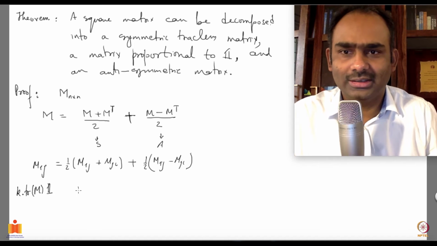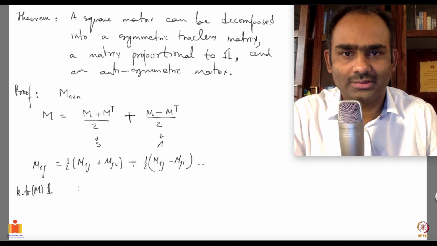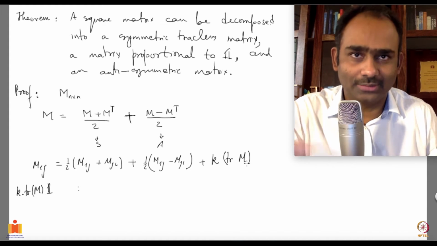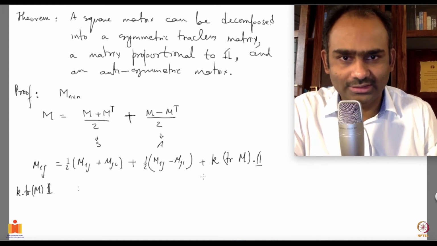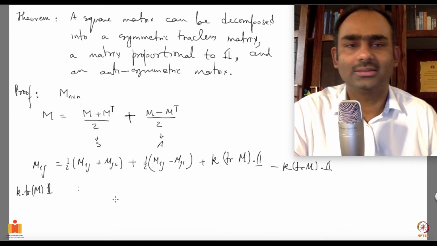So what I'm saying is I will write M. I add here k times trace of M. Trace of M is some number, it's not a matrix, times identity. Because I've added this, I want to also subtract it so that I don't change the equation, times identity. Okay, that's good.